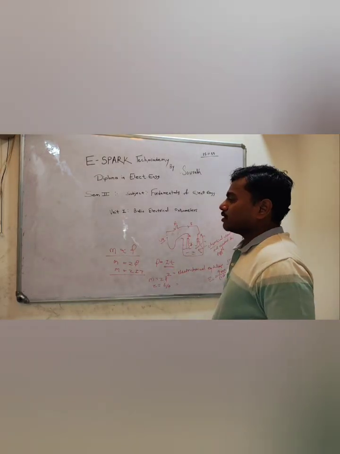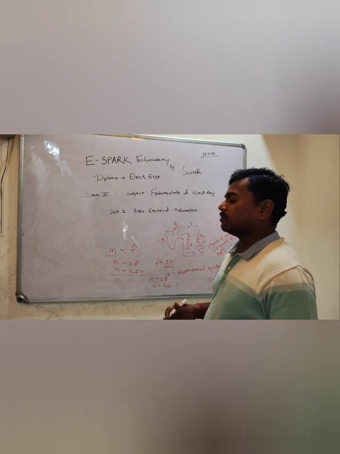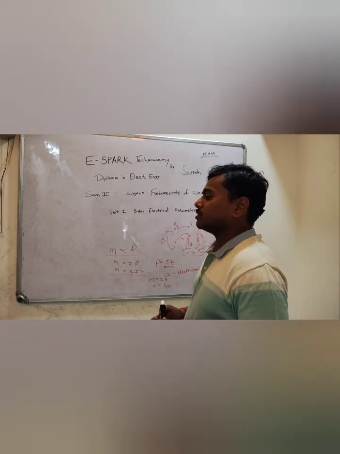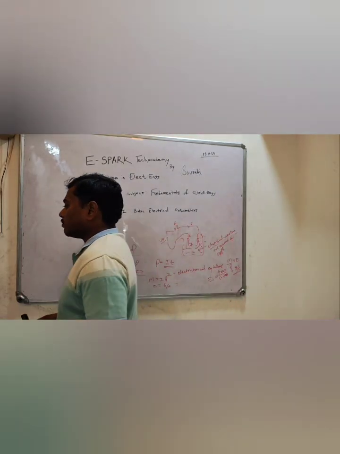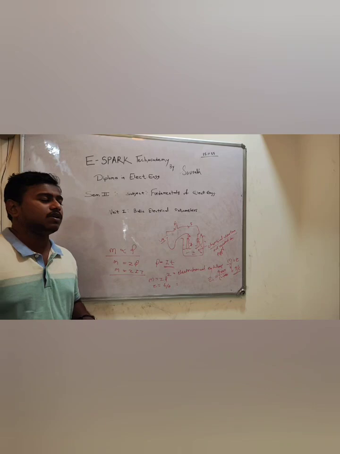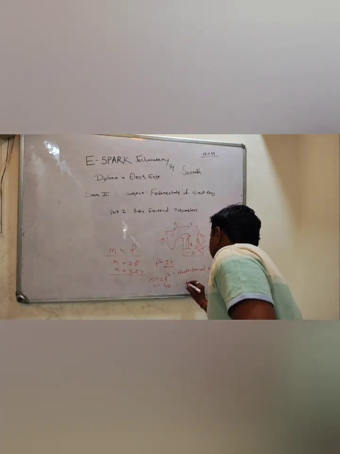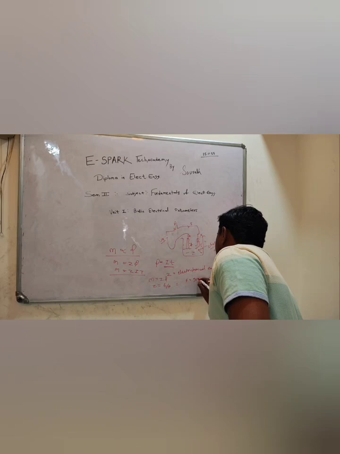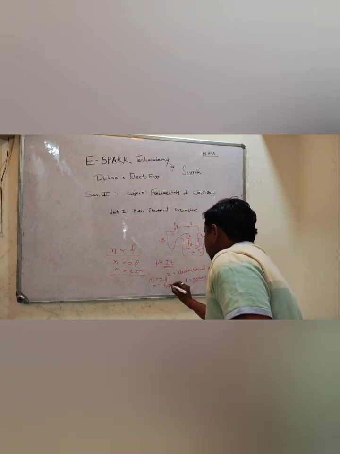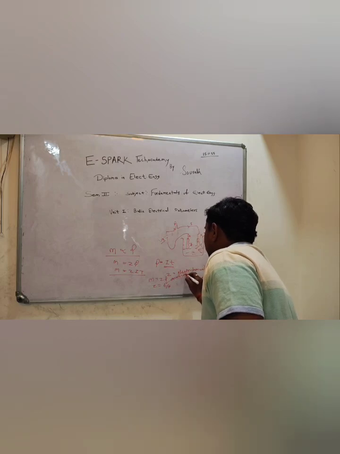F will be the value of coulombs, that is, in Faradays. Its value varies from 96250 to 96500 coulombs. The value of F will be 96500 coulombs, and E will be the equivalent weight.